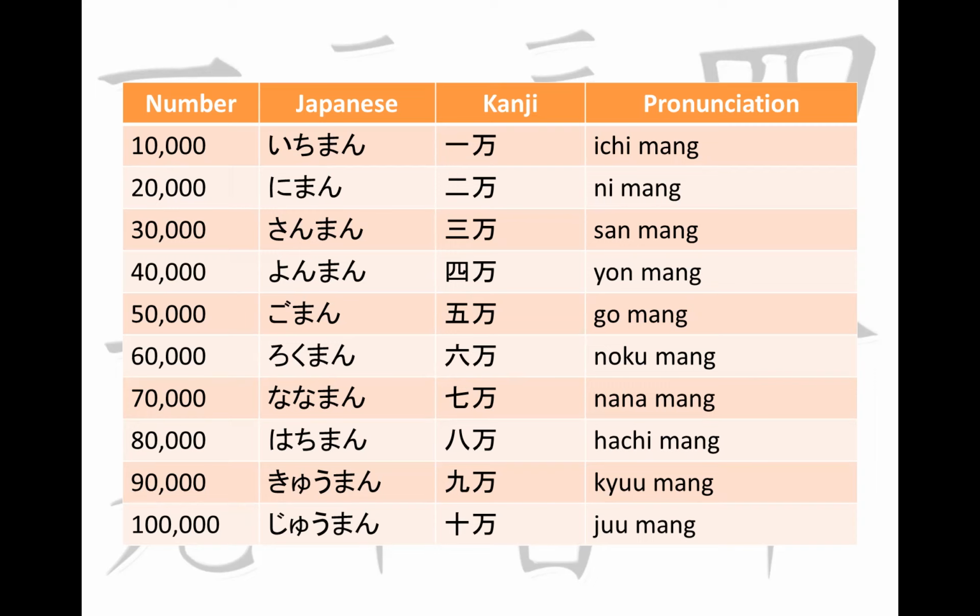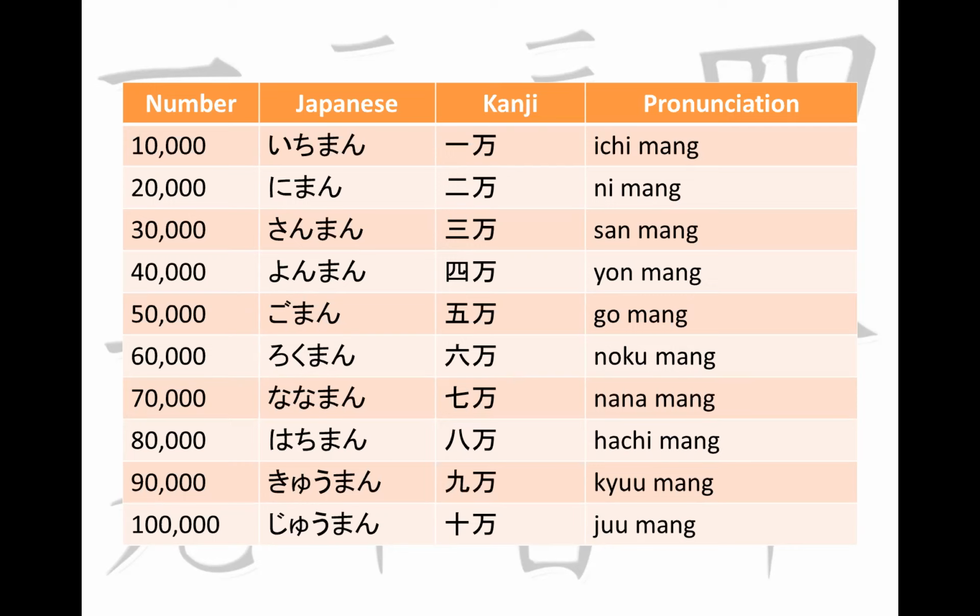So, for 10,000, ichiman. Okay? Slowly, per syllable, ichiman, 10,000. 20,000, niman. Slowly, per syllable, niman, 20,000. Now, for 30,000, sanman. Again, sanman, 30,000.